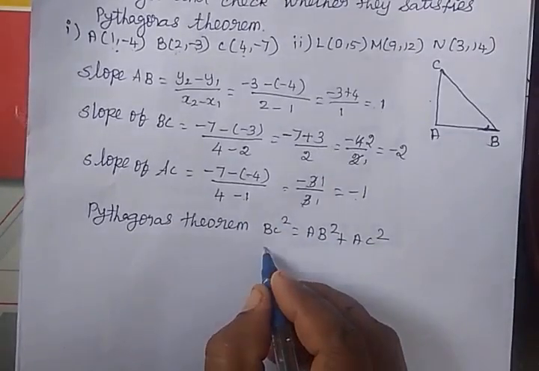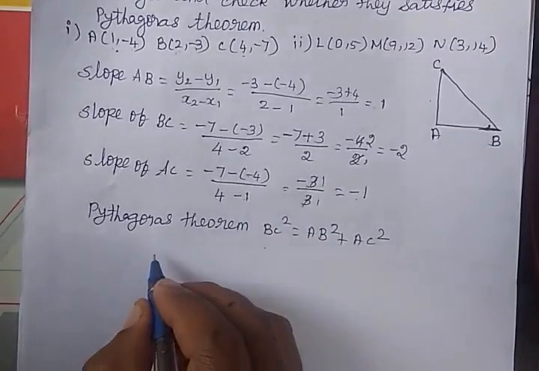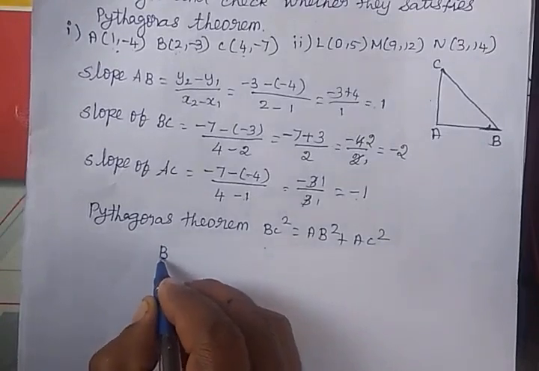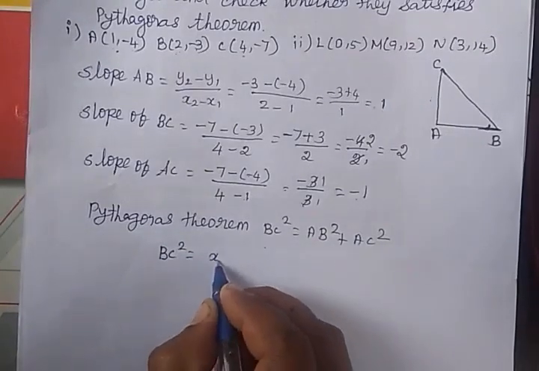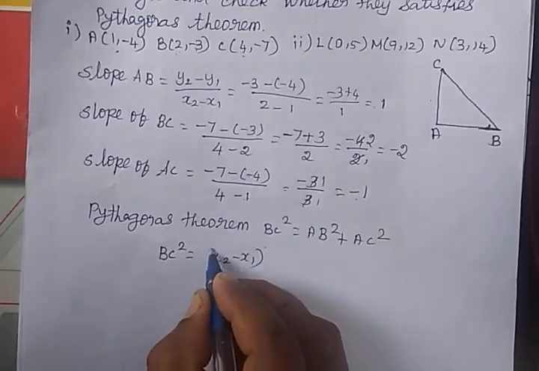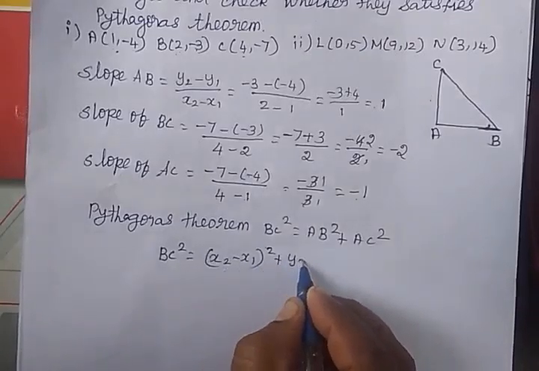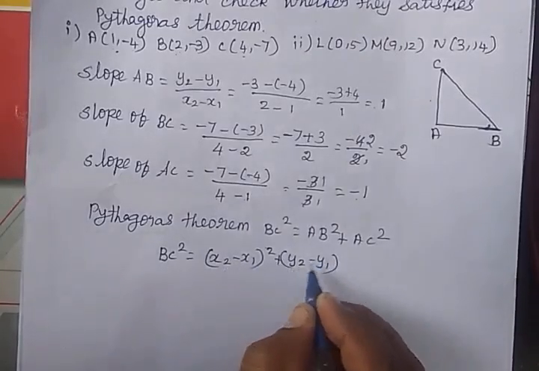Here BC is the distance between the points B and C. So BC squared is equal to (x2 minus x1) the whole square plus (y2 minus y1) the whole square.